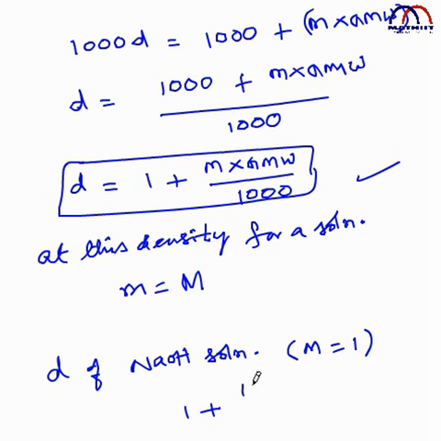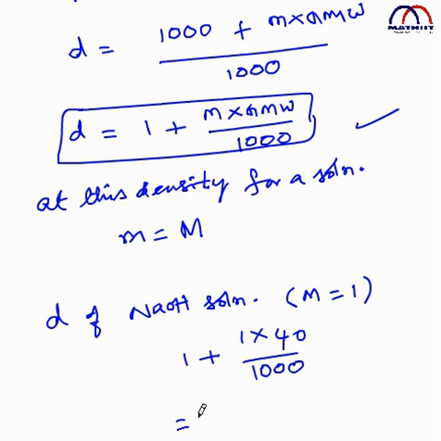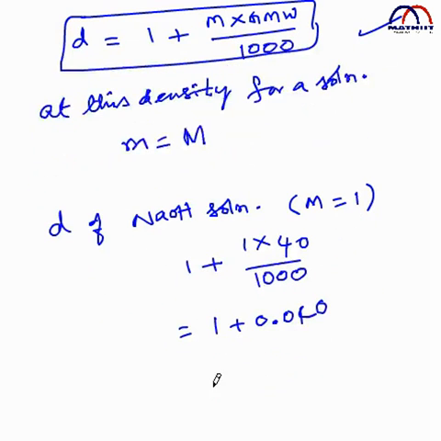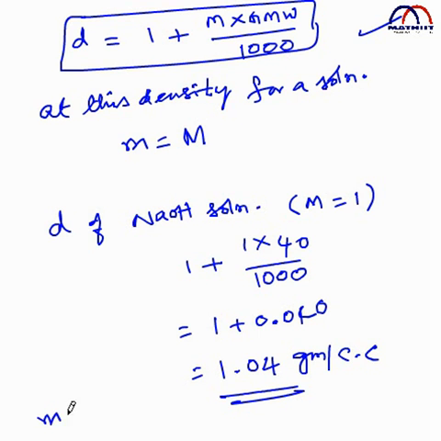Then the density is 1 plus 1 into 40 by 1000, which is 1 plus 0.040, giving 1.04 grams per cc. When you take this density, we can say that the molality of that solution is also 1. You substitute and try to find out the molality there.